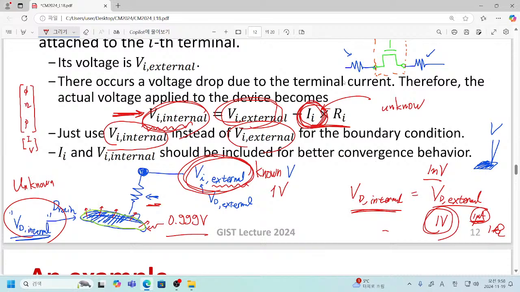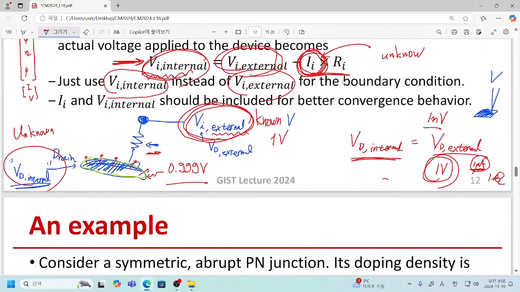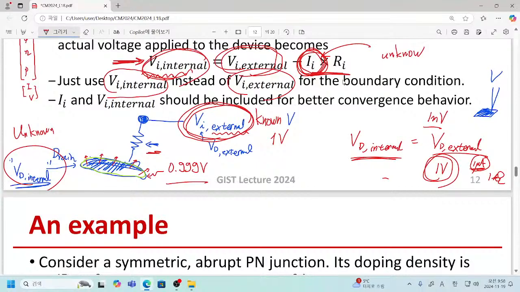Well, then how does it look? Now your Jacobian matrix should be changed in that way. Now let's say if this is the case, with your phi and P and IV, then your Jacobian matrix is also a little bit expanded.